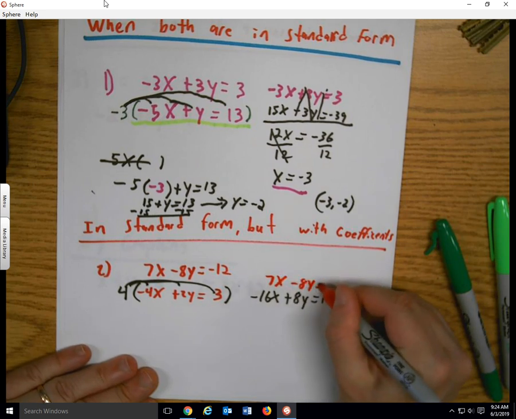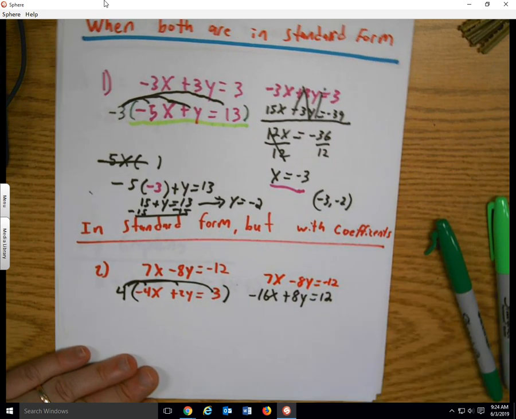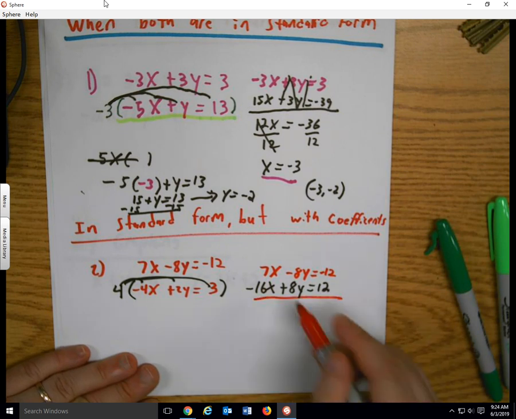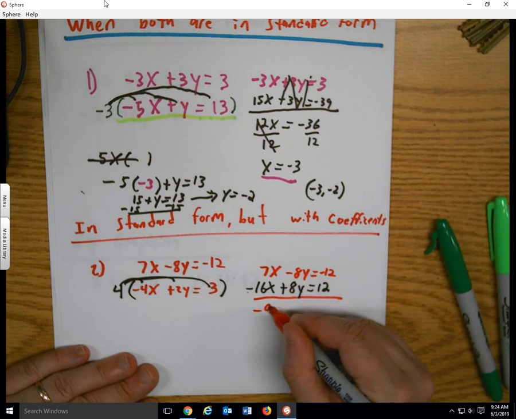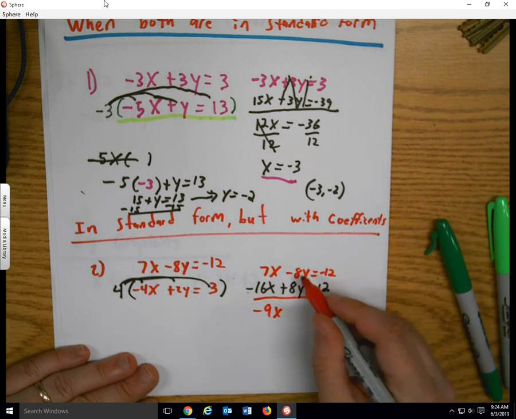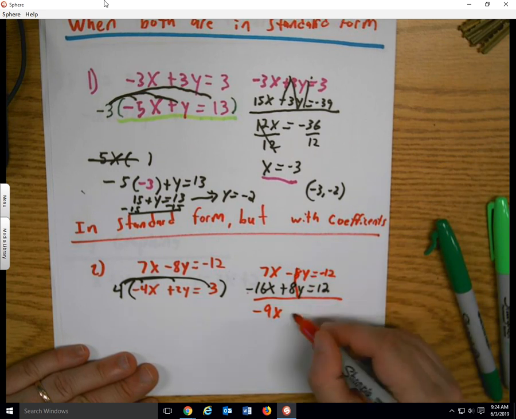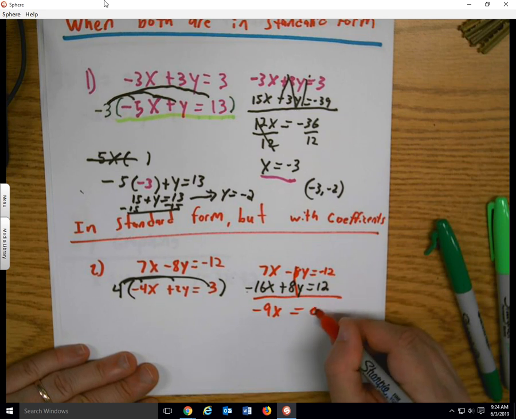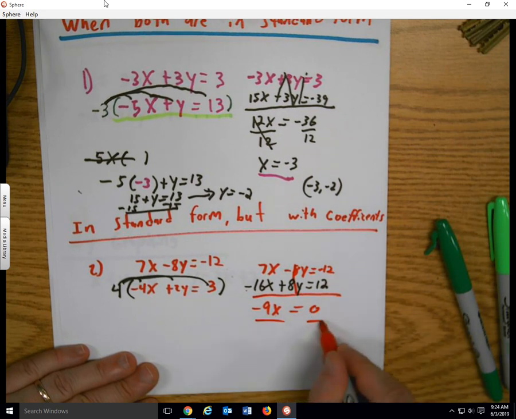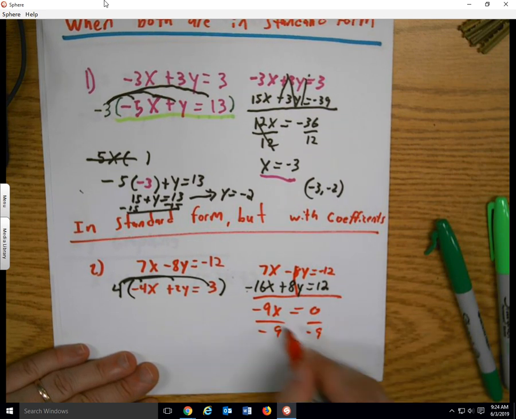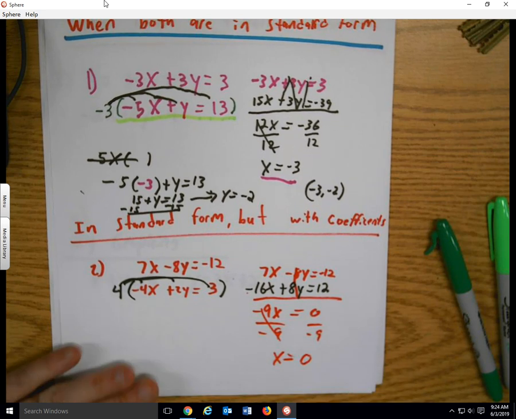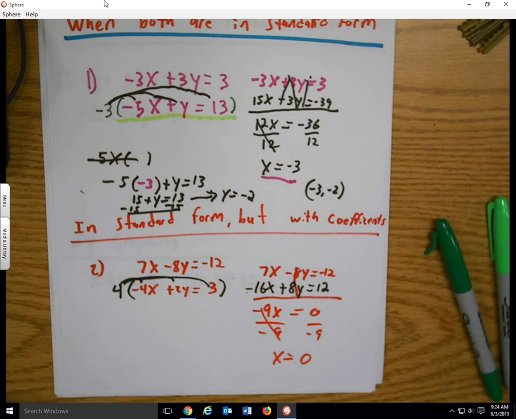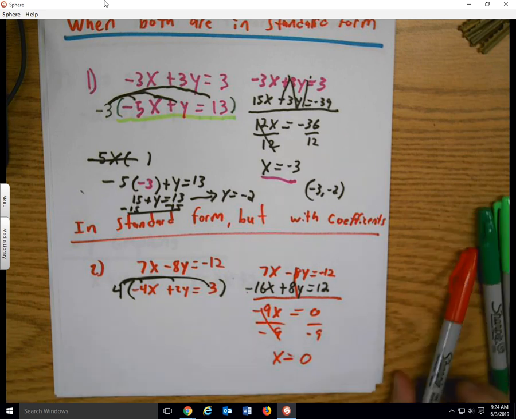Now that they're opposites of each other, it's in standard form, we can just add it straight down. 7 minus 16 is negative 9x. 8 minus 8 cancels out. 12 minus 12, 0. Divide both sides by a negative 9. X equals 0. We're not done. We solved for the x. Now we need to solve for the y.